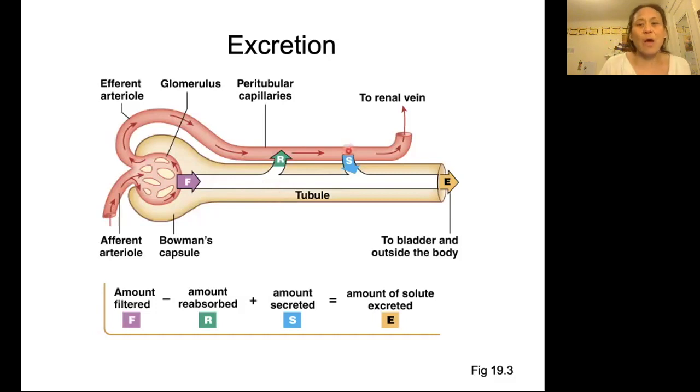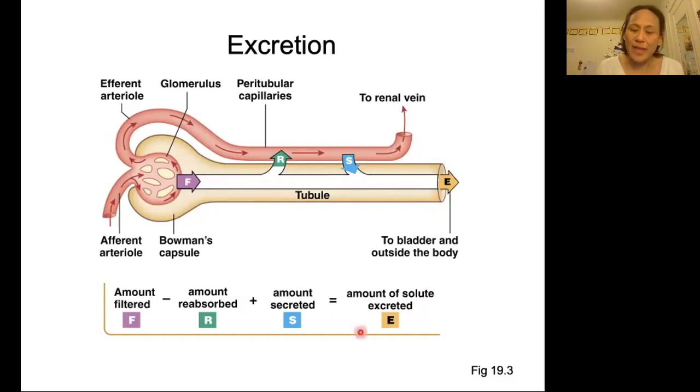Any substances that we want to especially get rid of, we want to get rid of more of, we're going to secrete into the tubule. And then whatever ends up in the tubule at the end gets excreted from our bodies as urine, okay?